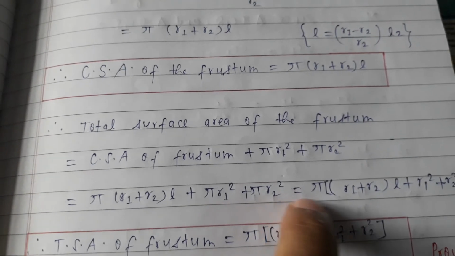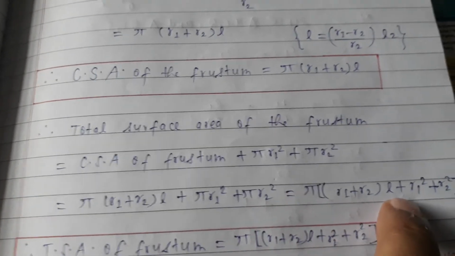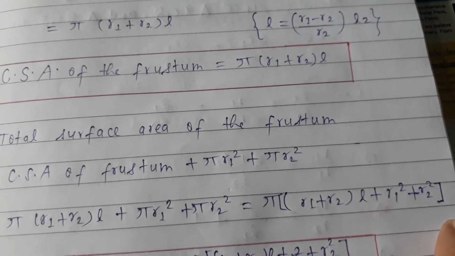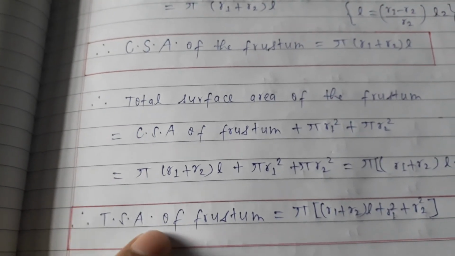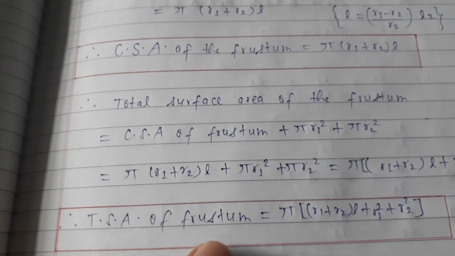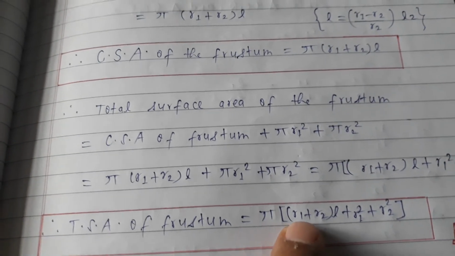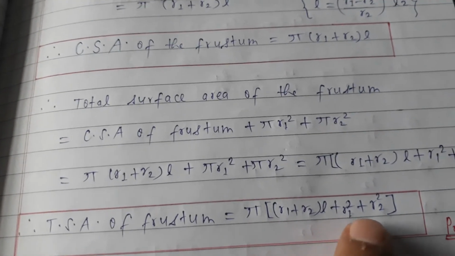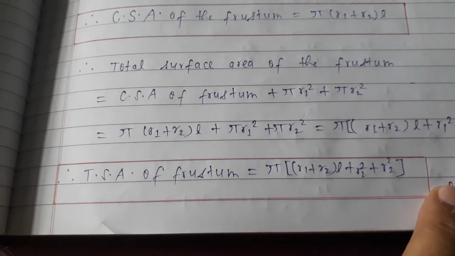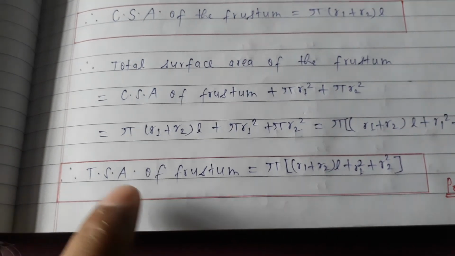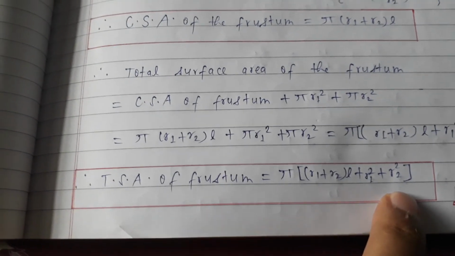Here comes pi into [(R1 plus R2) into L plus R1 square plus R2 square]. Therefore, TSA means total surface area of the frustum equals pi into [(R1 plus R2) into L plus R1 square plus R2 square]. This is the formula of total surface area of the frustum.